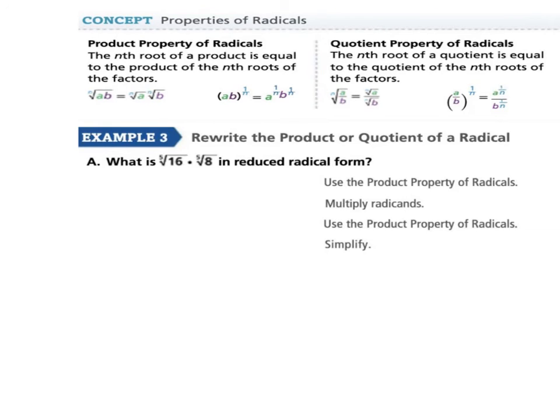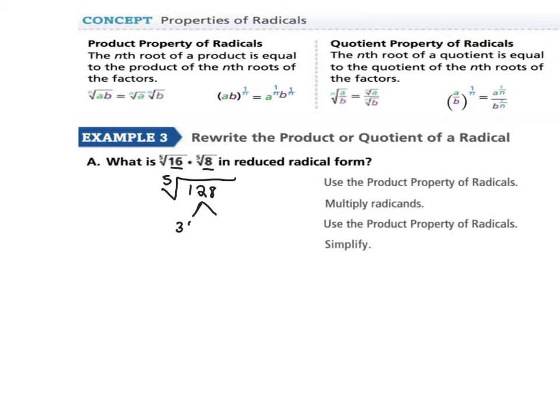Now let's look at some problems where we use the product property of radicals and the quotient property. So A, it says, what is the reduced radical form of this? Right, it's a multiplication problem. So what we want to do is combine them. So the fifth root, multiply our 16 and 8, we get 128. Now we need to break down 128 into a fifth root. Well, what does that break down to?